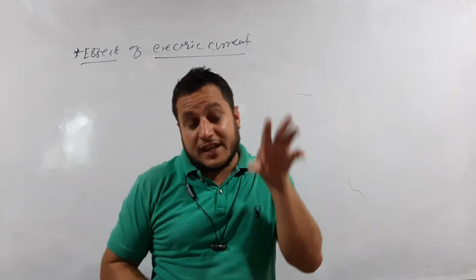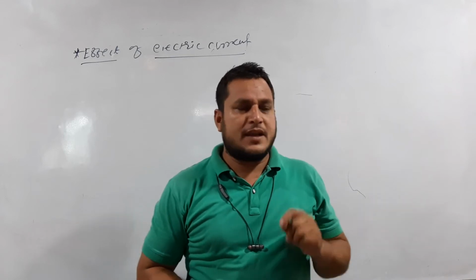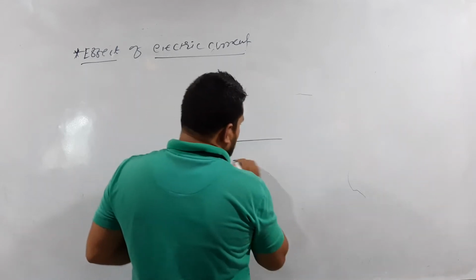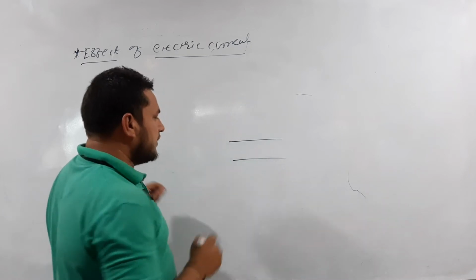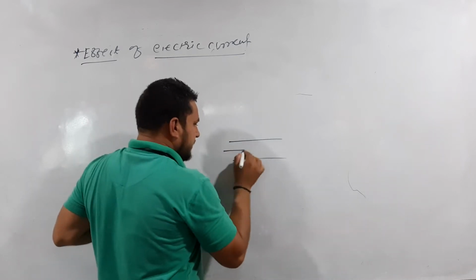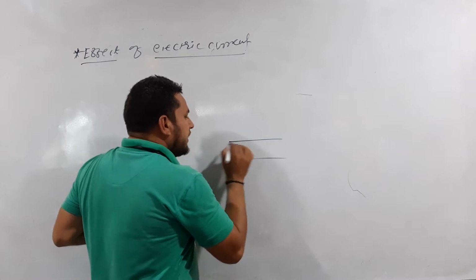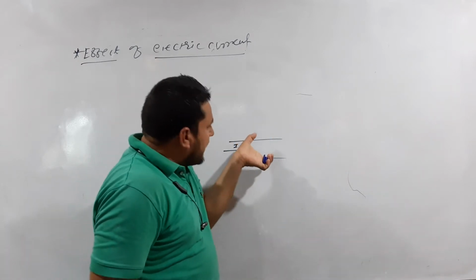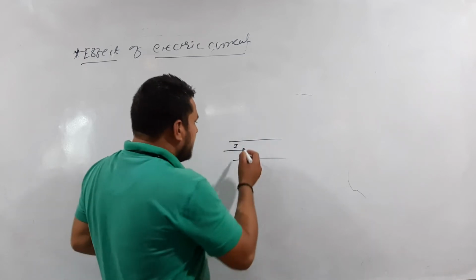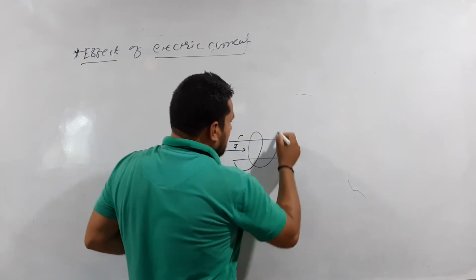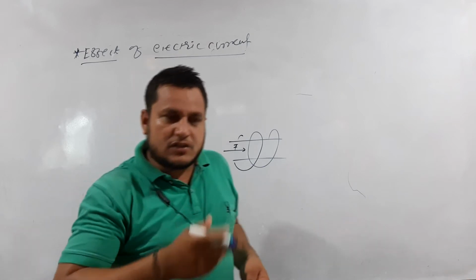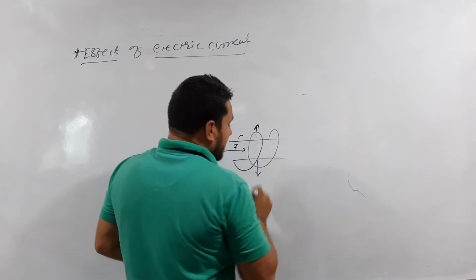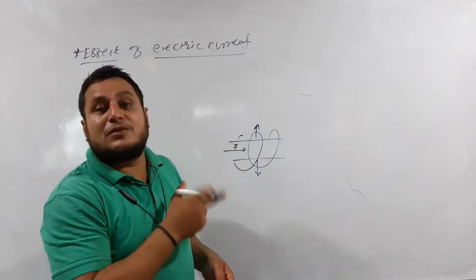Now here we see the effect of that electric current. As we have already seen in our earlier standard, suppose we have a current carrying conductor. When current moves through that conductor, some kind of field is generated around that conductor, in all directions, and that field should be perpendicular to that conductor.